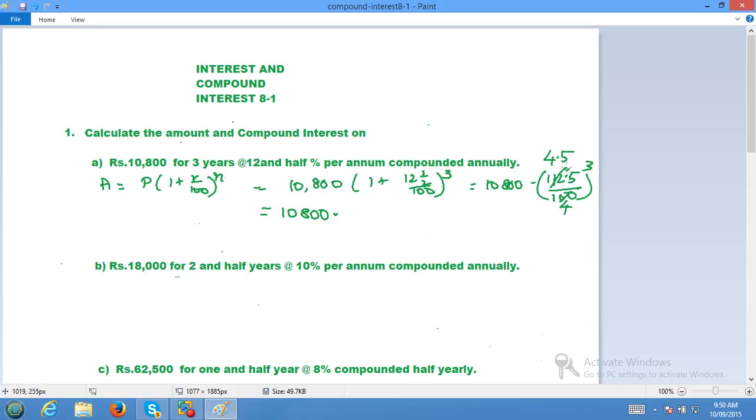So it is 4.5 divided by 4, whole cube. So 10,800 multiplied by 4.5 multiplied by 4.5 multiplied by 4.5, divided by 4 multiplied by 4 multiplied by 4.